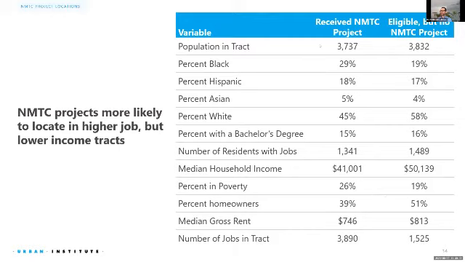And so what do we see there? The population of the tract is pretty consistent. Tracts that got New Markets, versus those that were eligible and did not, were higher in their share of population that identified as Black. So that is something that is evident. However, that is not evident in the share of people reporting themselves to be Hispanic or Latino.